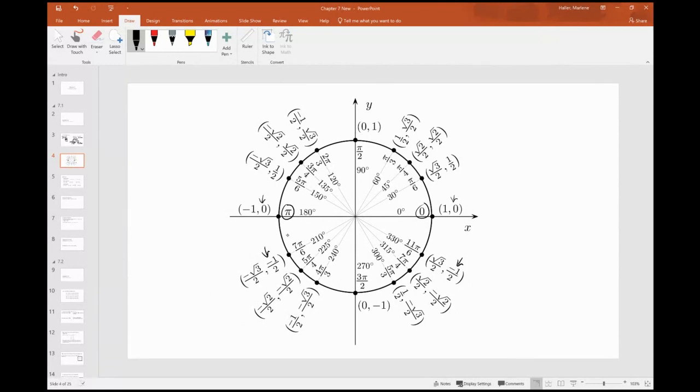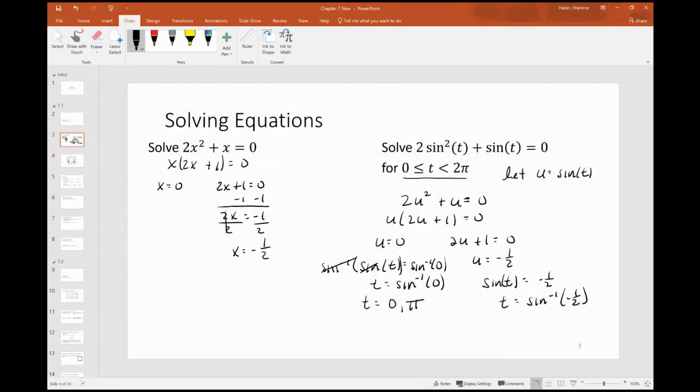So I have two solutions once around the unit circle, 7 pi over 6 and 11 pi over 6. So in total here, there are 4 solutions for t that satisfy this equation.